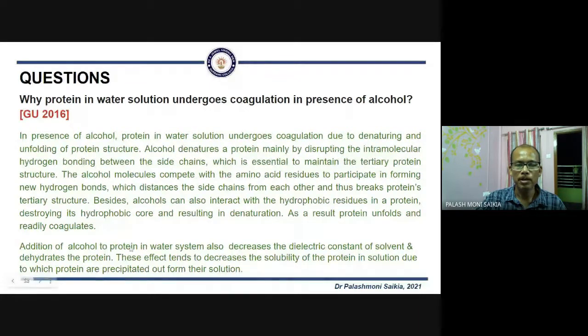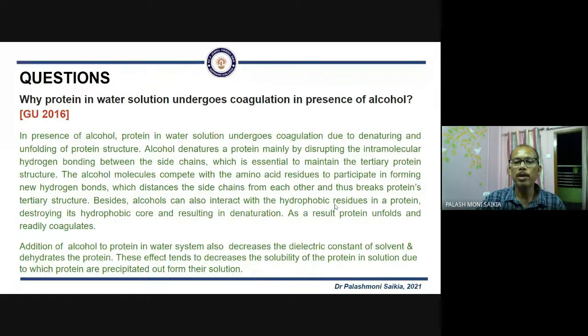Alcohol destroys the tertiary structure by disrupting the intramolecular hydrogen bonds between the side chains. It also competes with the amino acids for new hydrogen bonding, which splits apart and pushes the side chains, destroying the tertiary structure.